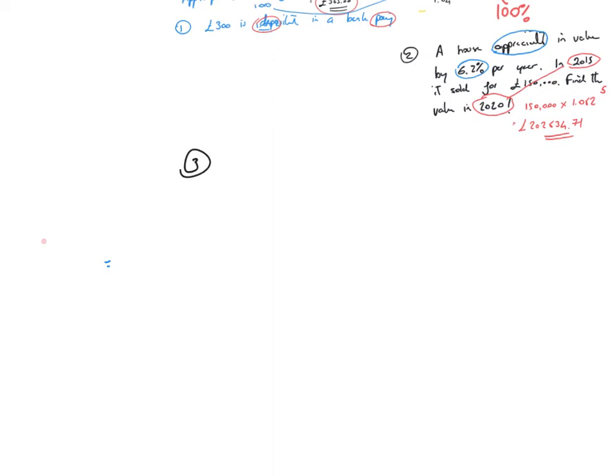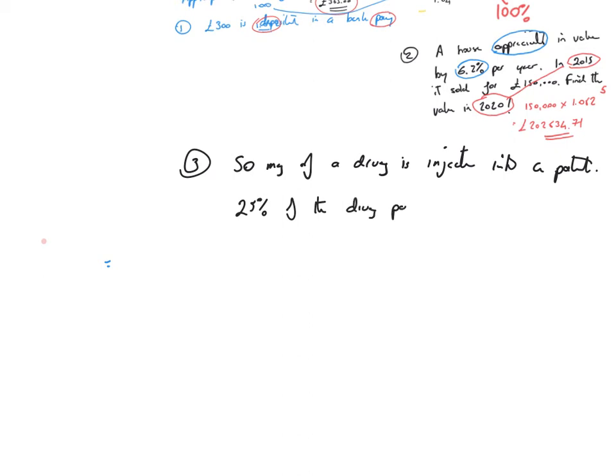Okay, question 3. 50 milligrams of a drug is injected into a patient. 25% of the drug passes out of the bloodstream every 4 hours.